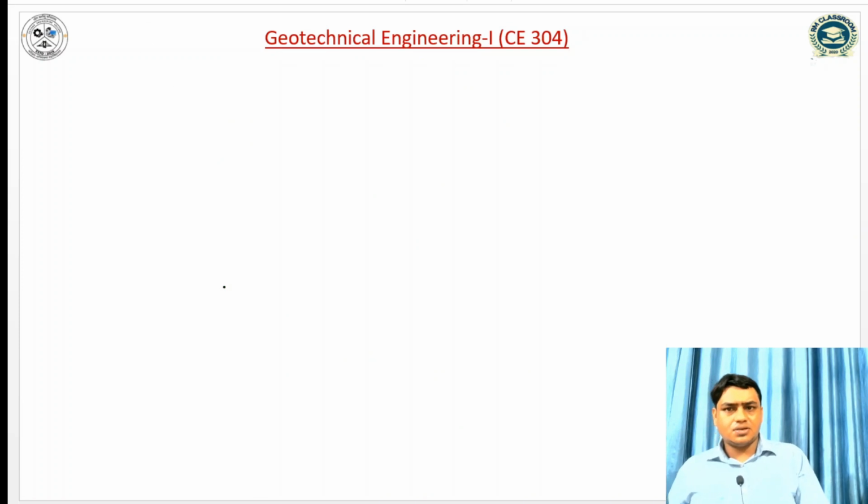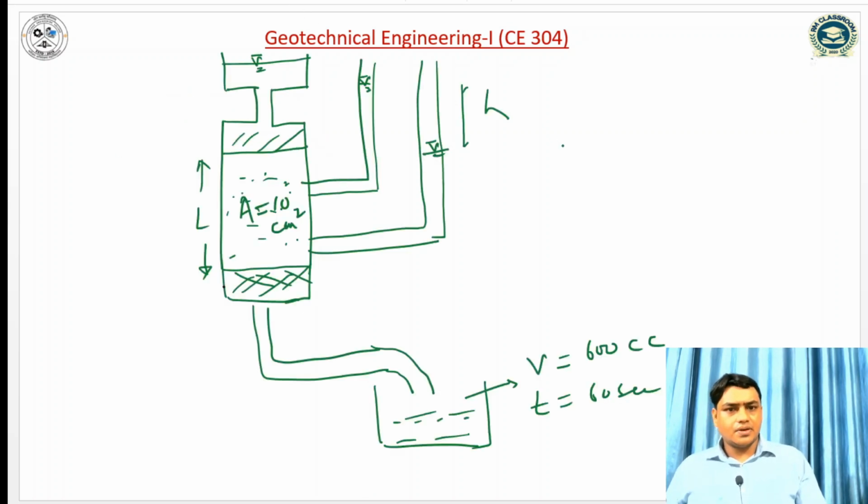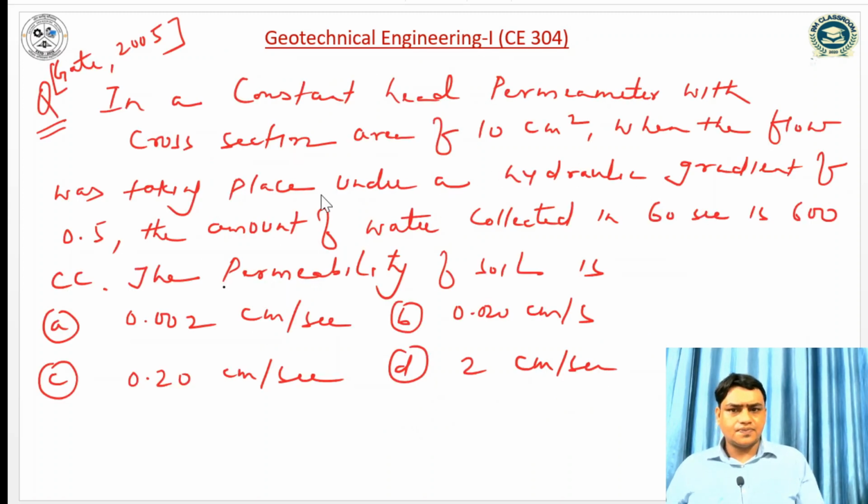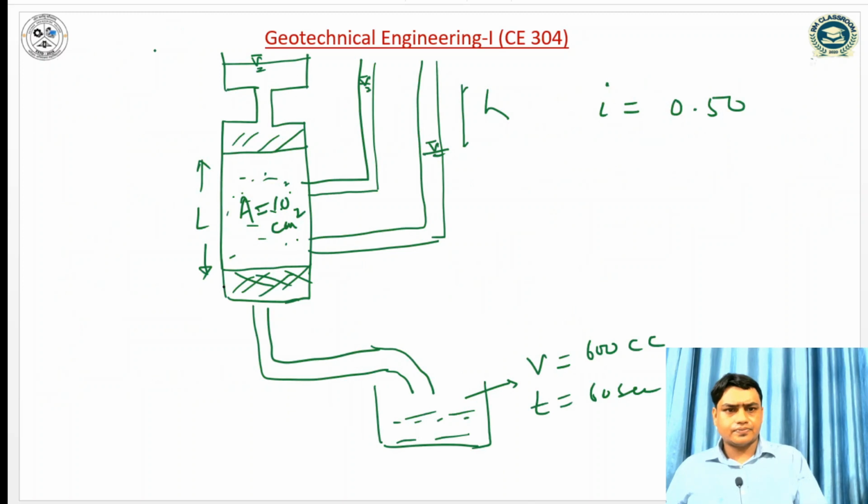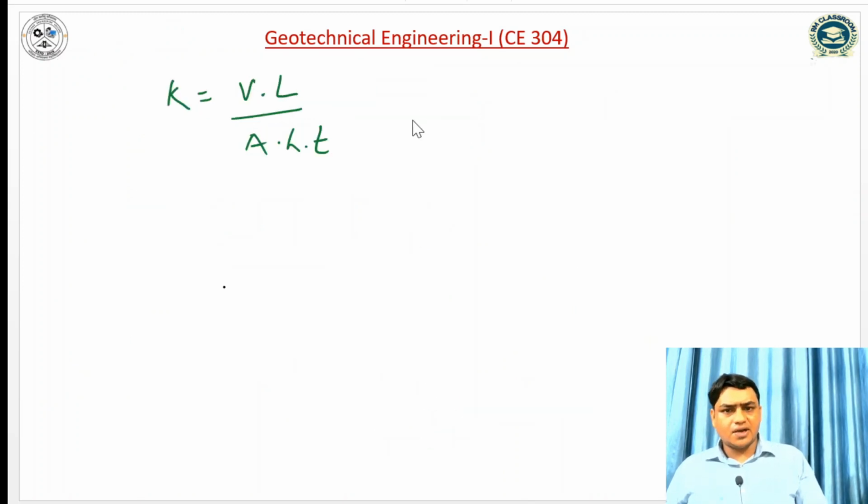So apply the formula in the constant head permeability. We know that K is equal to V into L divided by A into H into T. But in the question, hydraulic gradient is given, 0.5. So K is equal to VL by AHT, or it can also be written as V by A into H by L into T, and this H by L is the hydraulic gradient.